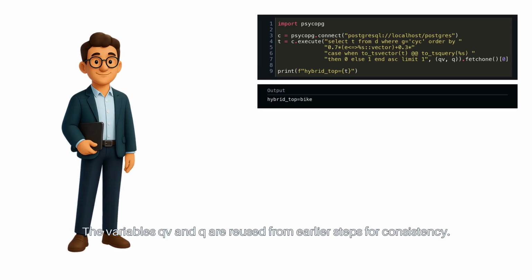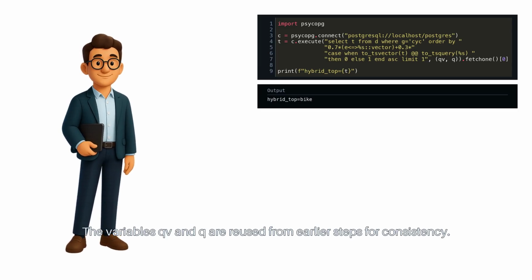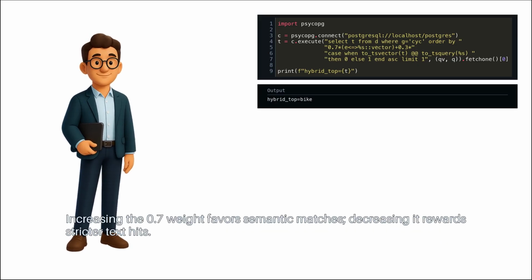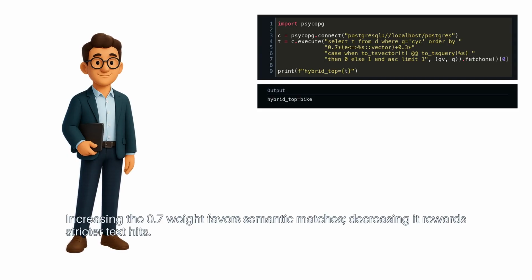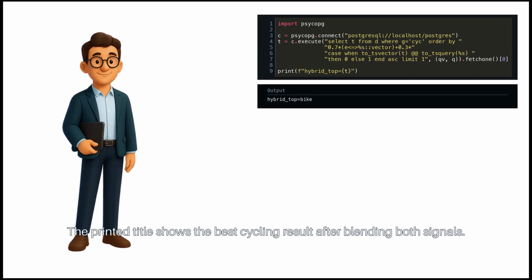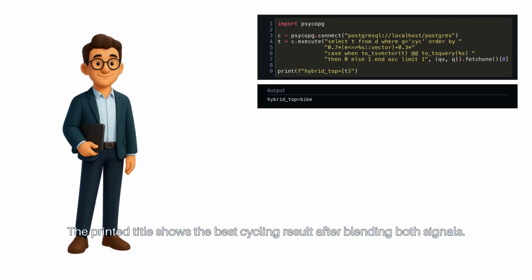The variables qv and q are reused from earlier steps for consistency. Increasing the 0.7 weight favors semantic matches. Decreasing it rewards stricter text hits. The printed title shows the best cycling result after blending both signals.